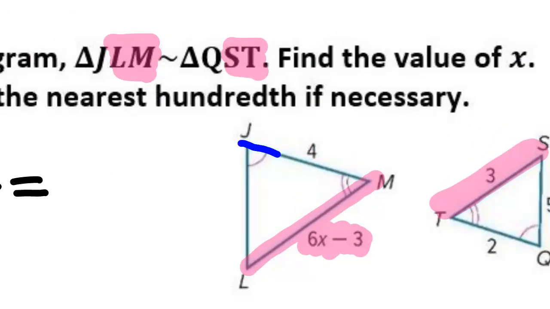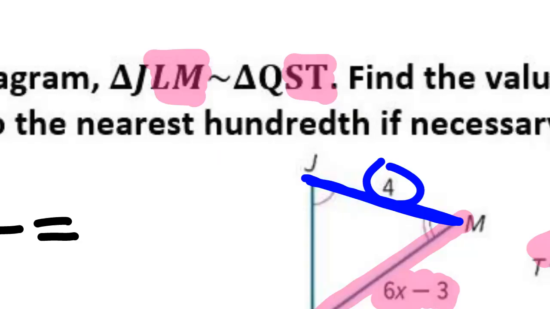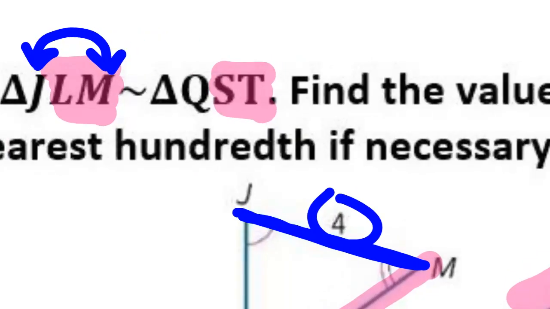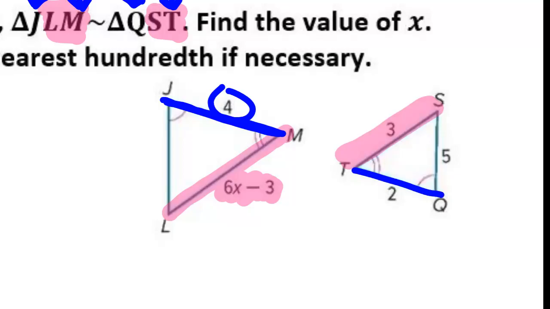I only have one more side on this first triangle, just this one right here. JM. Yes. JM is the first and last letter. So that would have to correspond to the first and last letter here, which is QT. QT would be this side right here.